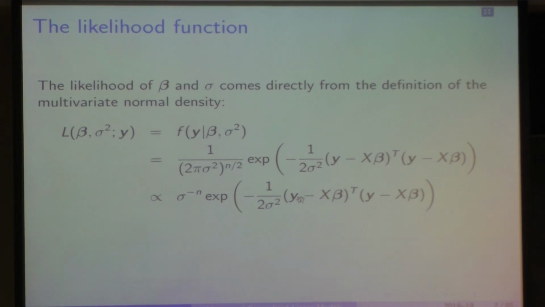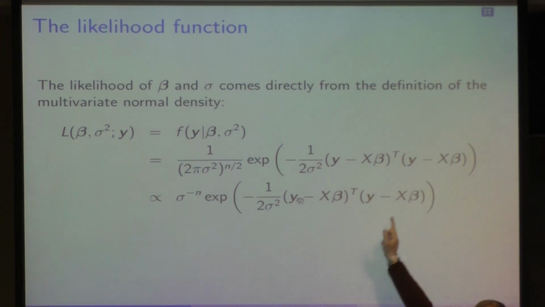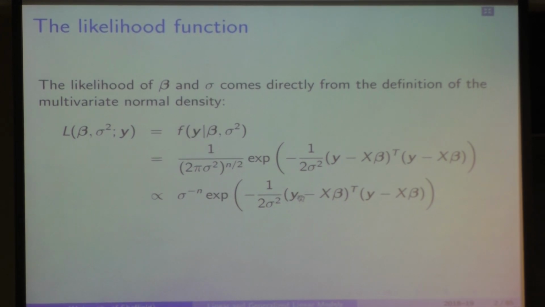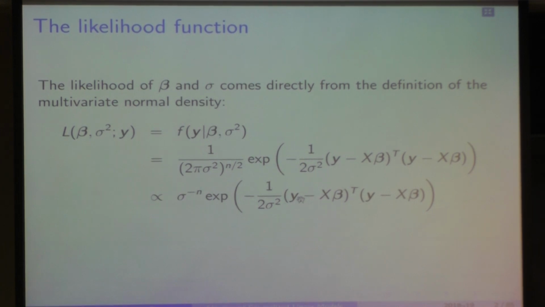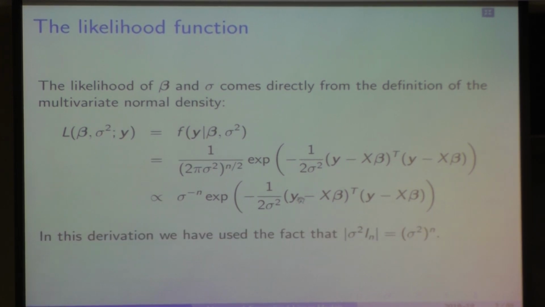So the likelihood is proportional to this expression, sigma to the minus n times the exponential term. And note that this looks very much like the definition of the residual sum of squares. And that's what this is, the residual sum of squares.